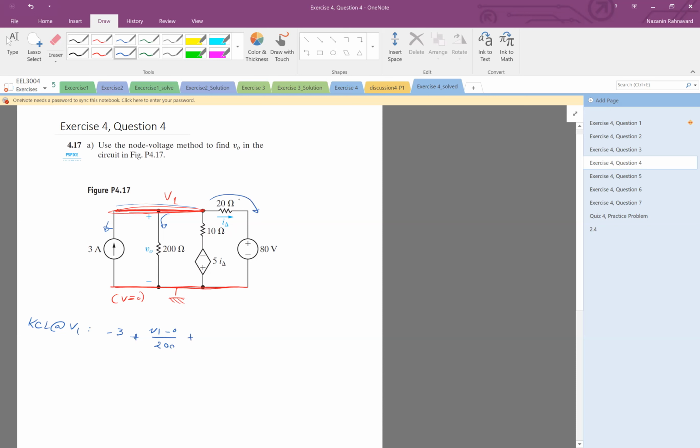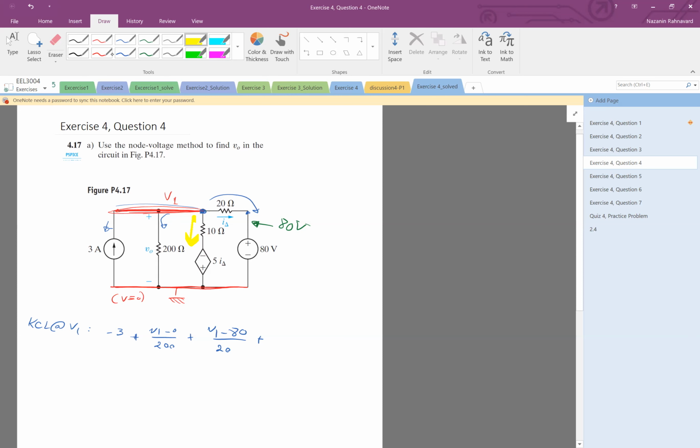Let's look at the current here. So the current here is V1 minus this voltage, which happened to be 80 volts. V1 minus 80 divided by 20 plus finally this current going down.